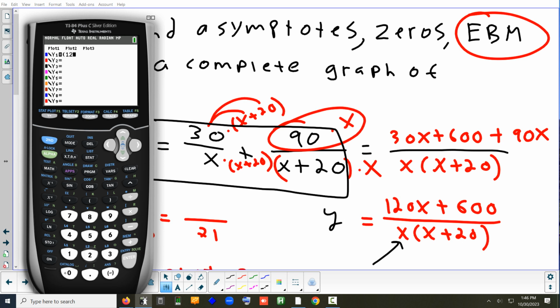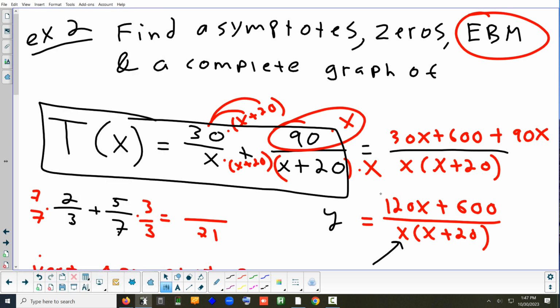So in parentheses, put 120x plus 600 divided by, in parentheses, x times x plus 20. That's how I would do it. So I put parentheses around the entire numerator and entire denominator. Just like this.